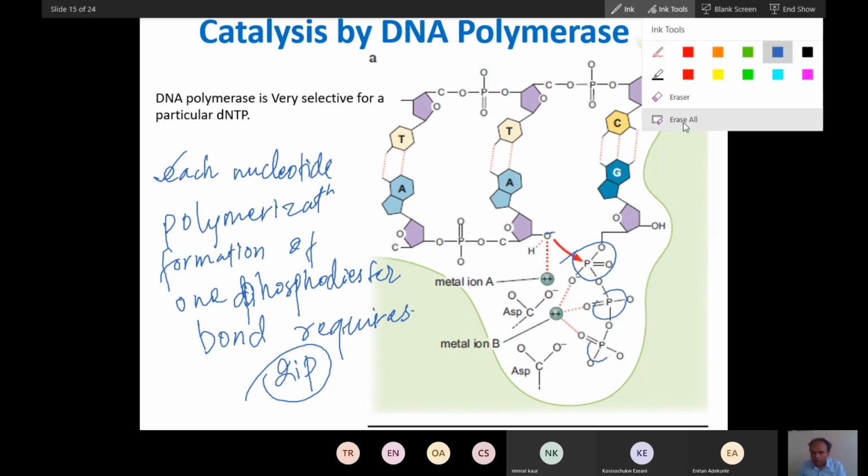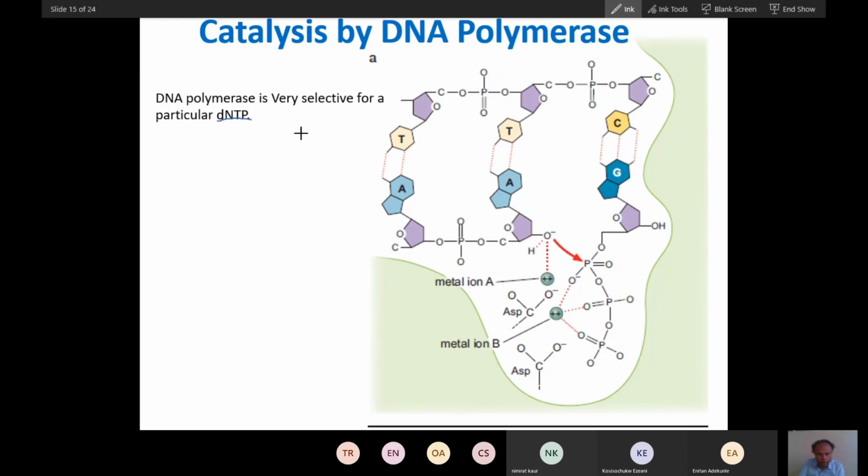Now first let's see this. First, this dNTP will come here, and the dNTP will have to form a hydrogen bond with the opposite base. If this nucleotide base does not form a proper hydrogen bond, for example, if there is C and on the opposite side there is T, cytosine will not form a proper bond with thymine, and that is why this nucleotide will not be catalyzed.